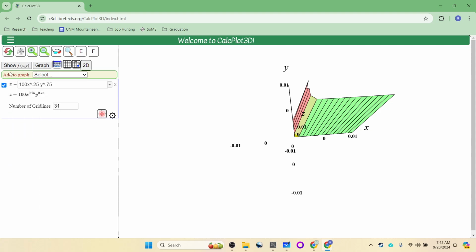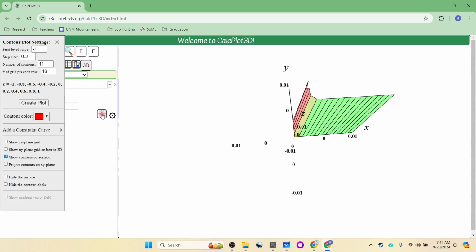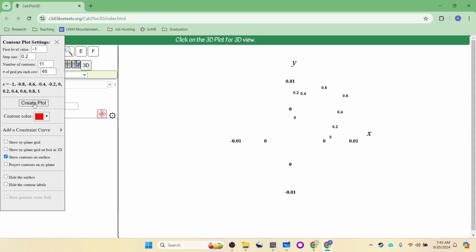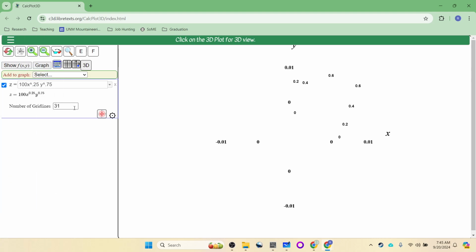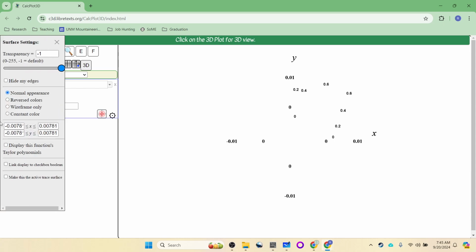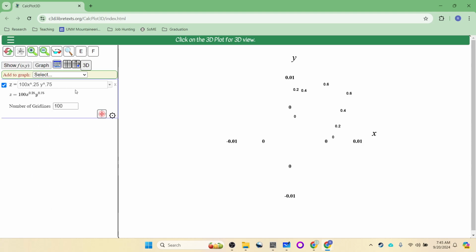There is a setting in here to graph the level curves. Ah, here we go. Let's create a plot. Contours, show XY plane grid. Okay, this graph is not as pretty as I was hoping it would be.